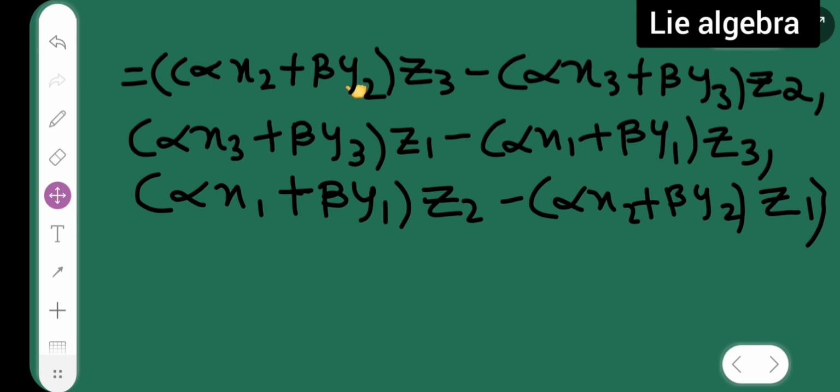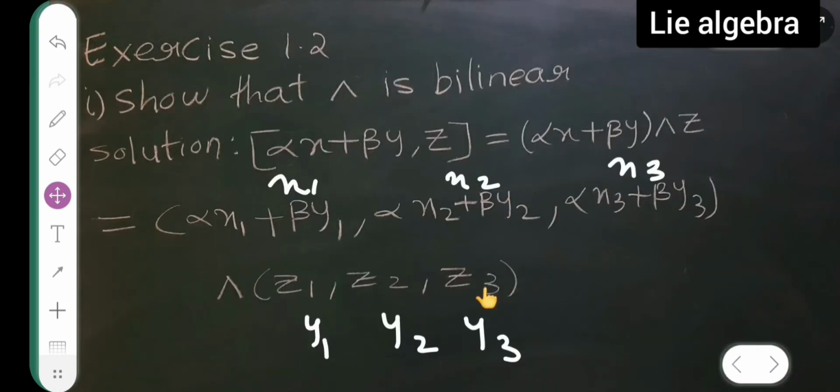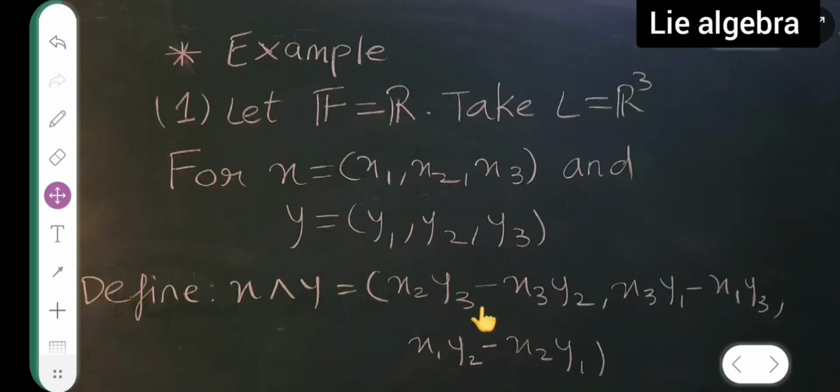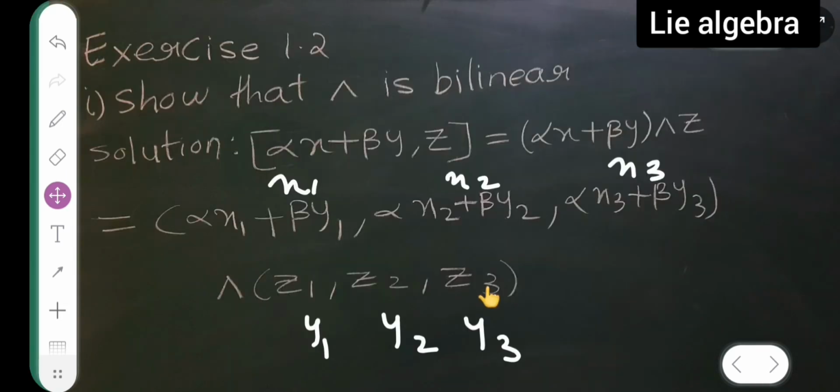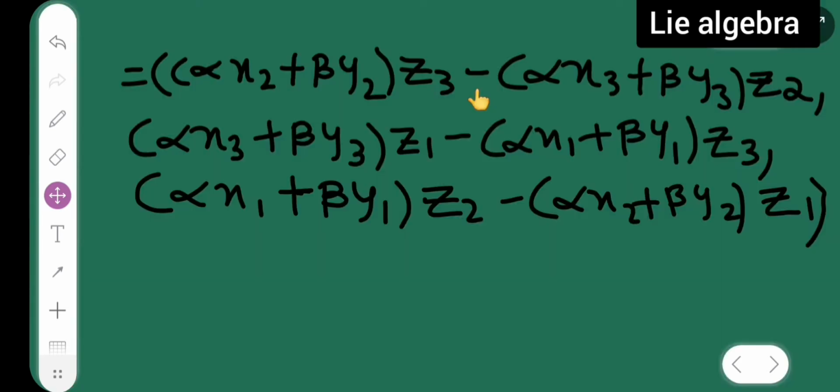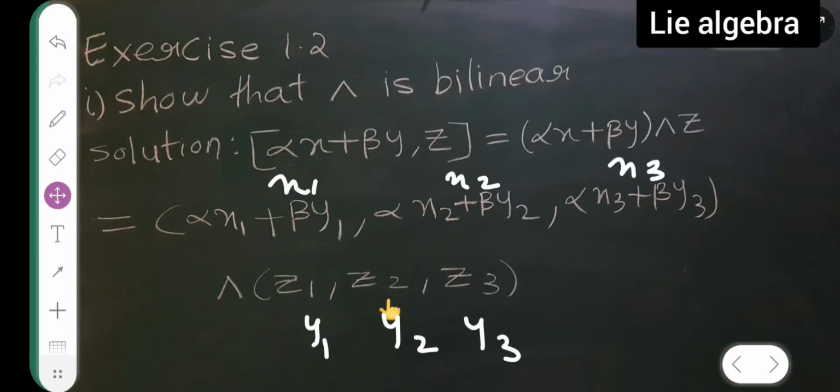So this is my (alpha x2 + beta y2) into z3, minus, you'll have to see the definition of this, then minus x3 into y2. Now where is my x3 here? This is x3 into y2 I have done over here. x3 into y2 is z2, in place of this.